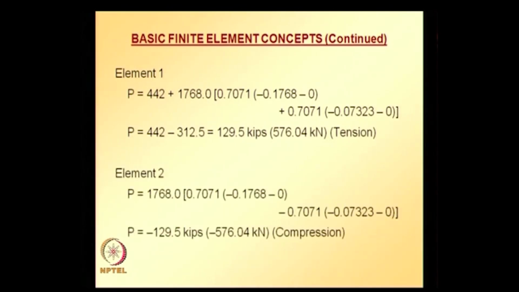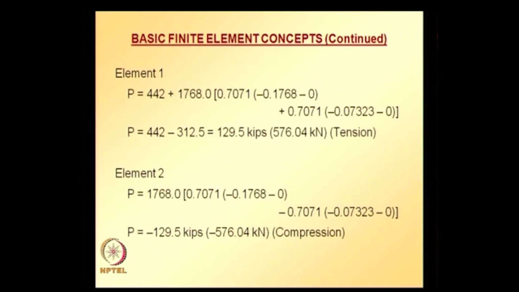And element 2, as I mentioned, is not going to have a P of t contribution, because there is no force fit for element 2. So, P of t is 0. The calculations were similar to what we have seen in the earlier class, where there is no force fit, and it turns out that the force in element 2 is negative, which means it is compressive.